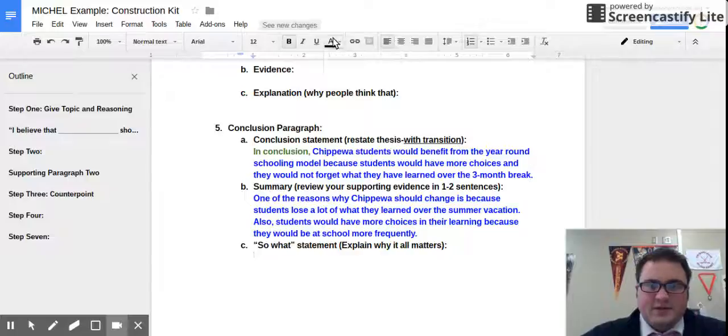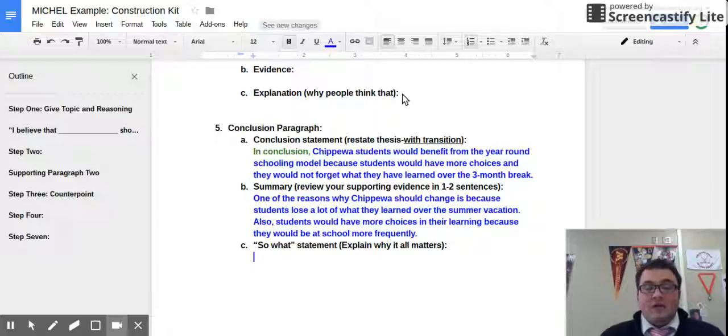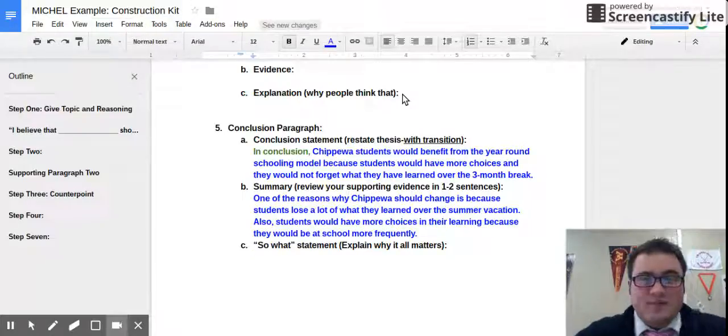Then I get into my so what. Now, this is the trickiest part of your conclusion paragraph. The so what statement is what you want your reader to walk away knowing. Okay? Do not end your paper with the end. Okay? And don't end a paper with, these are the reasons why Chippewa should switch to the year-round school model. That's not very beneficial. It's just, there's no point to it being there.